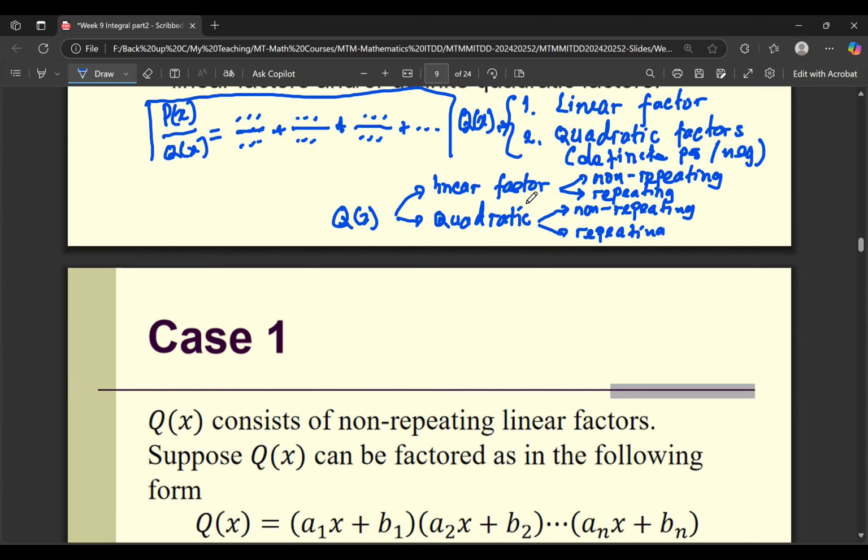So we have four possibilities, and we call them case one, case two, case three, and the last, case four.